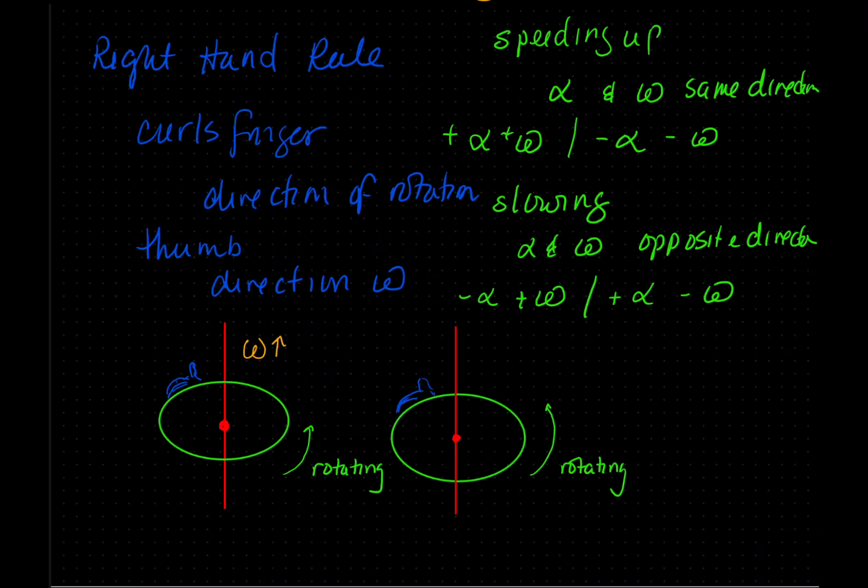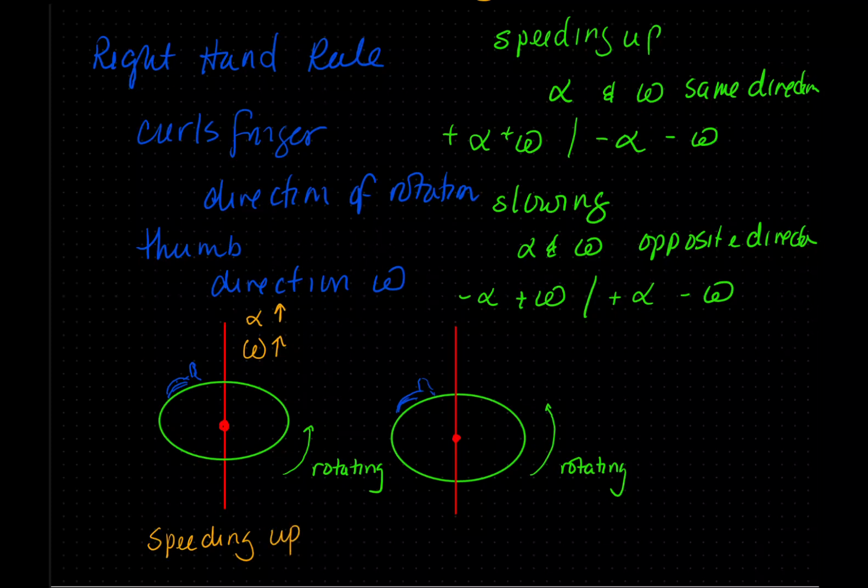Remember, vectors cannot curve, so the angular velocity is in the same direction as the rotation axis. If the object is speeding up, the angular velocity and the angular acceleration must be in the same direction. So the direction of alpha, or angular acceleration, will also be in the same direction if it's speeding up.